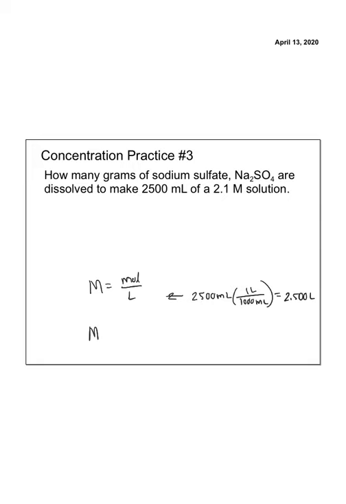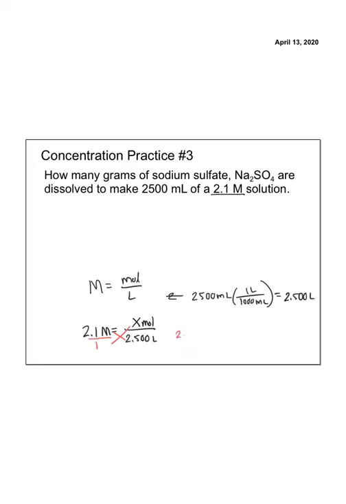So molarity, let's do this. They told me molarity, 2.1 molar, so we'll say 2.1 molar is equal to, and we have 2.500 liters. So let's solve for some number, we'll call it x, of moles. Well, I'm just going to crisscross multiply this, and this is like over 1.